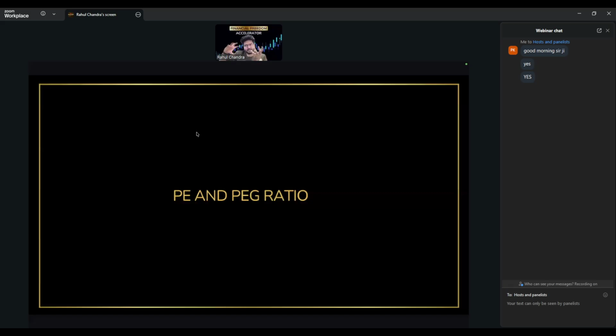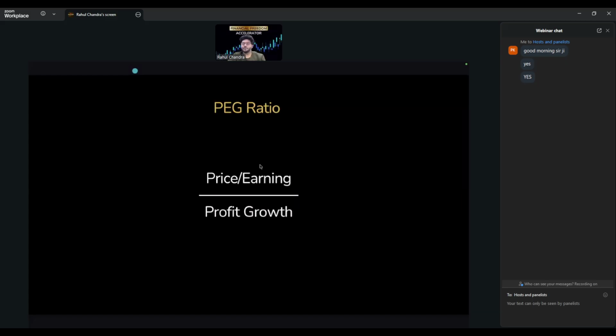We factor in the growth aspect, and that is what we call the PEG ratio. We get the PE ratio adjusted for growth rate, so that we are able to compare better. We are taking growth into the equation itself. And this is the formula: just divide the PE by the profit growth.